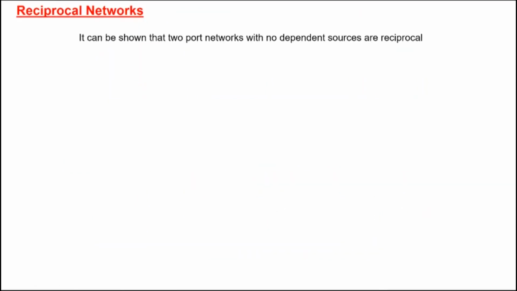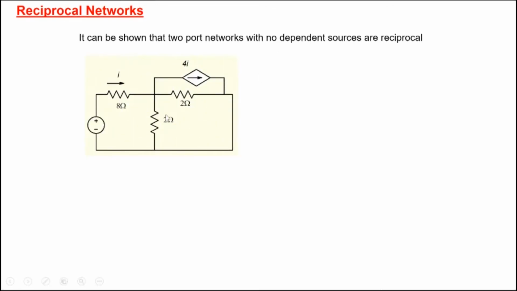One characteristic is they will not have any dependent sources. We're not giving you a proof for it. But if there are dependent sources, then the circuit will not be reciprocal. Let me give you an example. So this is the input port and this is the output port here. We've shorted the output port and applied a voltage at the input port.